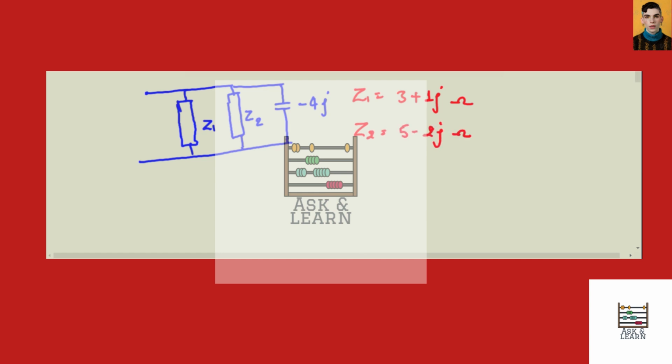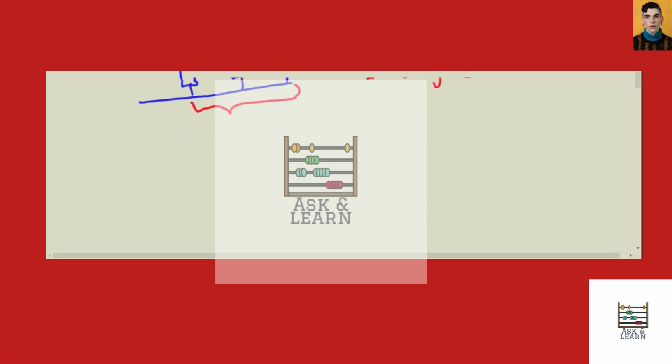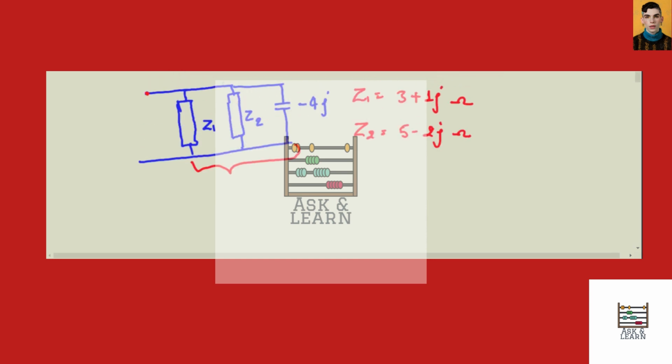Now if you look at this circuit, these three are in parallel combination. As given in the problem, the equivalent admittance will be Y equivalent. So we can write 1 upon Y equivalent is equal to 1 upon Z1 plus 1 upon Z2 plus 1 upon minus 4J, because all are in the parallel combination.